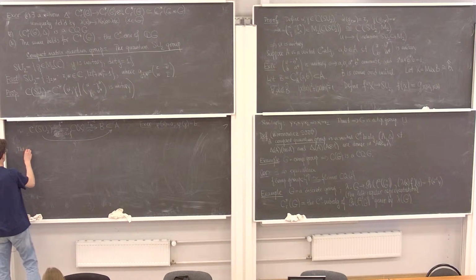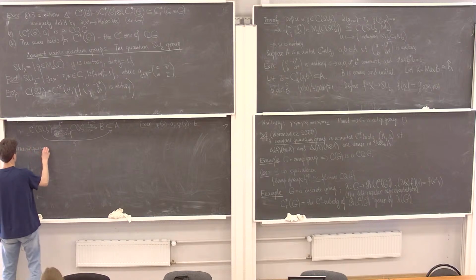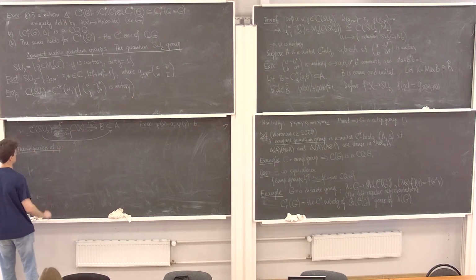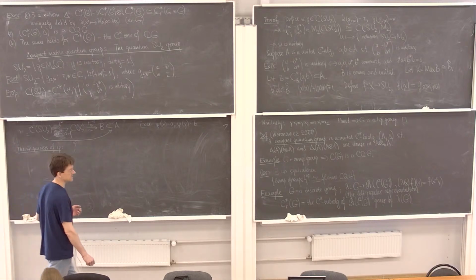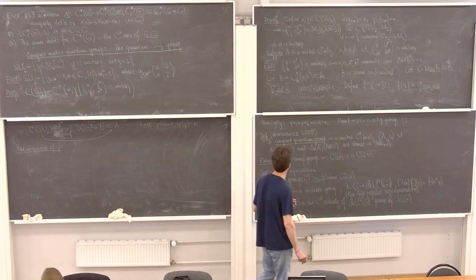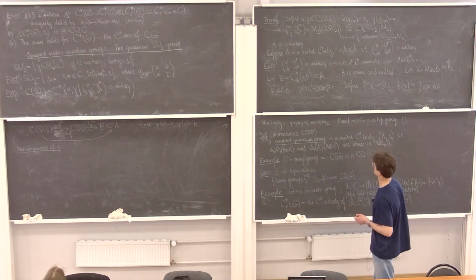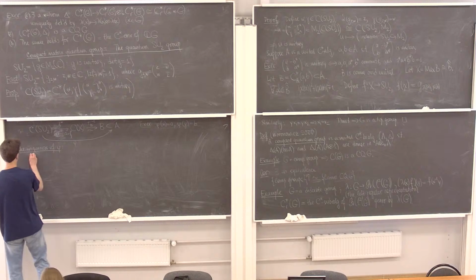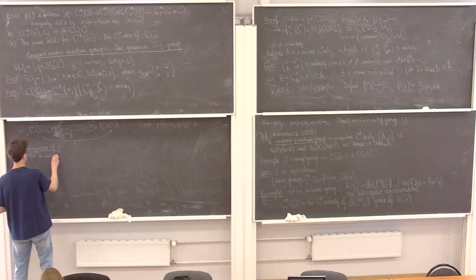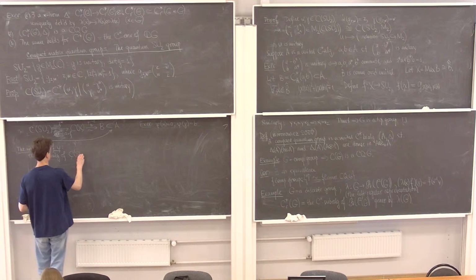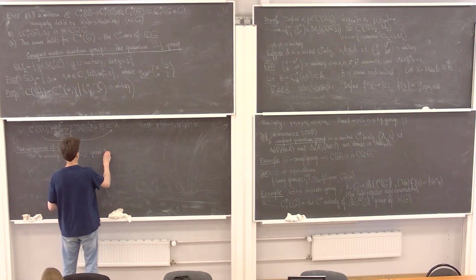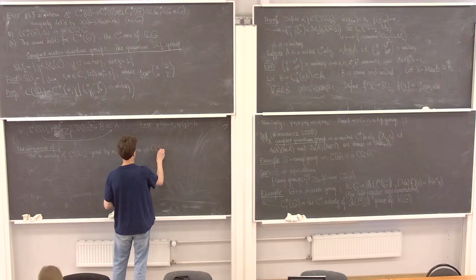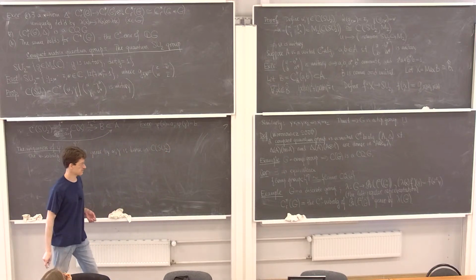So the uniqueness of phi, well, this is immediate from the fact that the star subalgebra of the algebra of continuous functions on SU2 generated by alpha and gamma is dense in C of SU2, as usual, by the Stone-Weierstrass theorem.